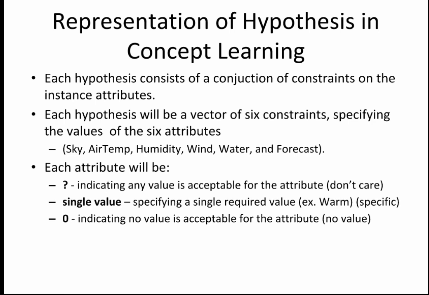In our case, our goal is to find the hypothesis small h that is relevant to our example, that approximates our target concept, target function, and that hypothesis will be a combination of attribute values. Not all, but for one attribute it will have one value.